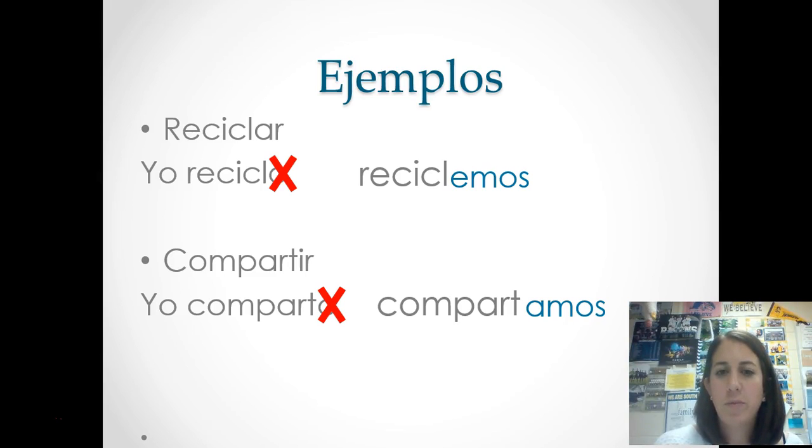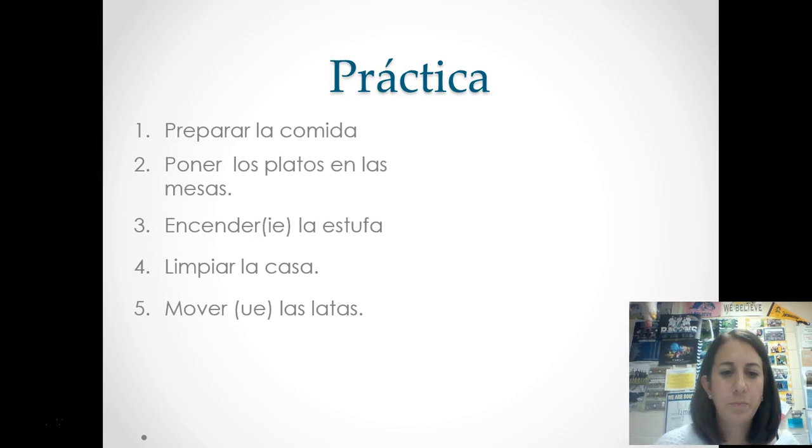So it's only IR verbs that stem change, and there's only E to I and O to U. So verbs that are E to IE stem changers that are IR verbs, they will just have an E to I stem change. I will show you some examples next class period when we go over our notes. But let's keep going on. So if you'll notice, numbers 3 and 5, encender and mover, notice they are not going to identify their stem change because they are not IR verbs. Okay, so go ahead and stop and practice, and let's see how you do.